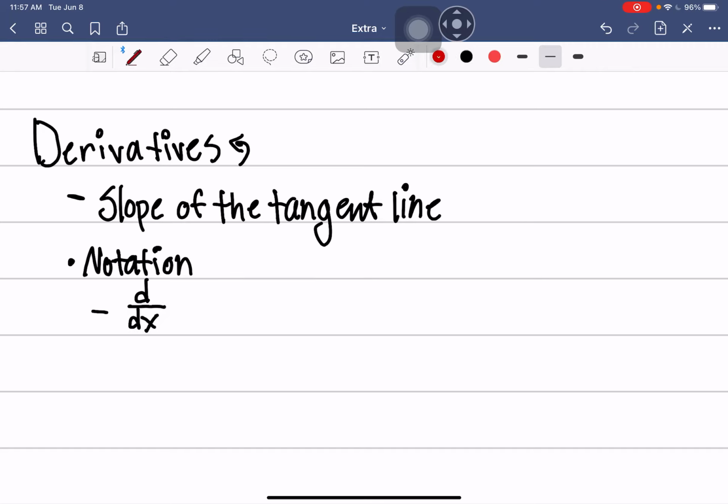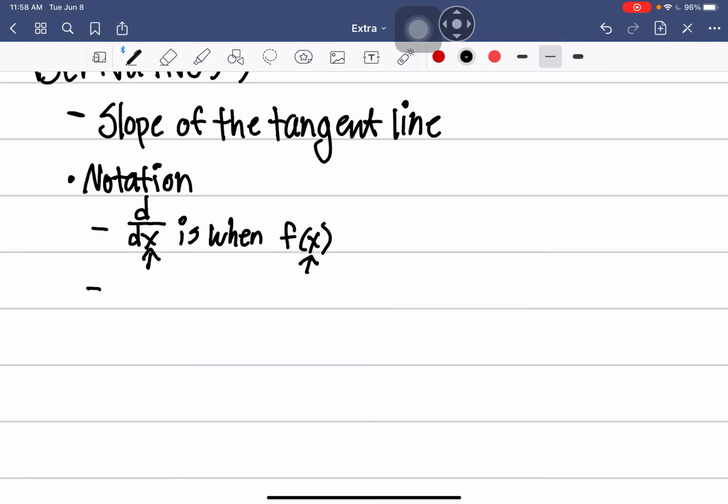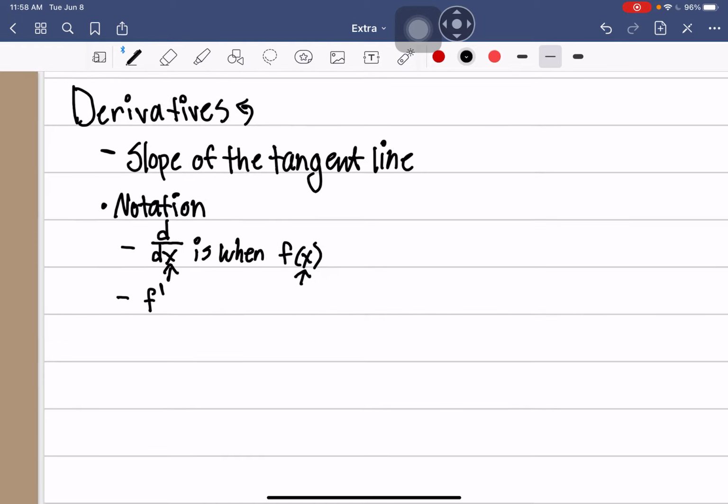Now, as for this x right here, that is when we are dealing with f of x. So whatever this variable is, it's dependent on this variable. Or we also use the notation f prime, or the little apostrophe, for derivatives.